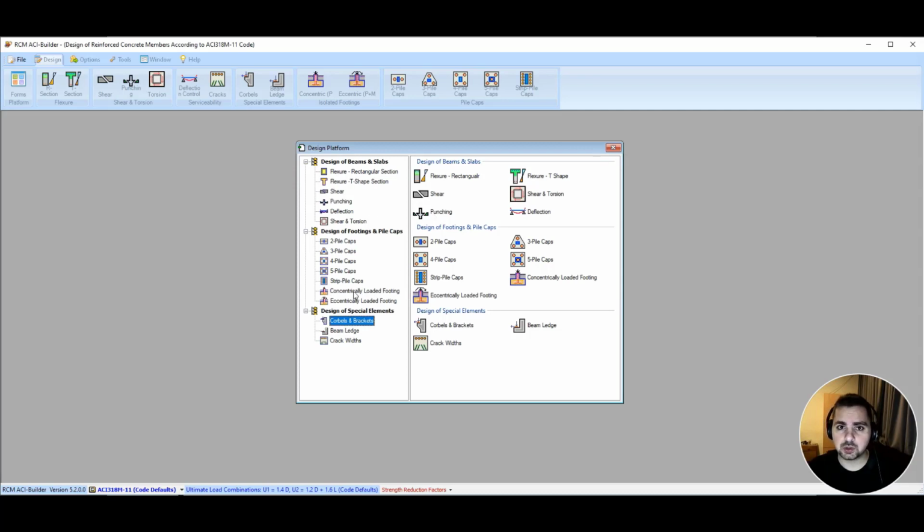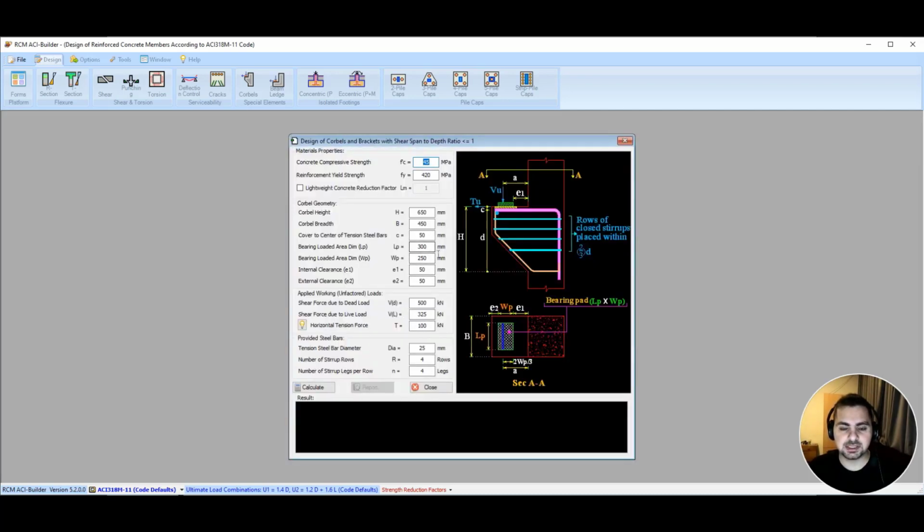However, we can also use it to design beams, slabs, footings, and pile caps, and you can see the different types of beams, slabs, footings and pile caps that are available within this software. It's a very sophisticated software, and it's very convenient to use. So let's select corbel and brackets.